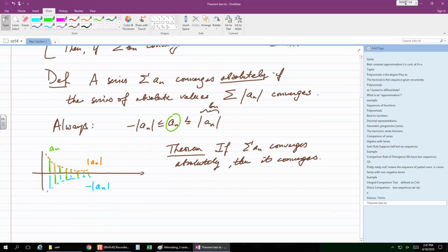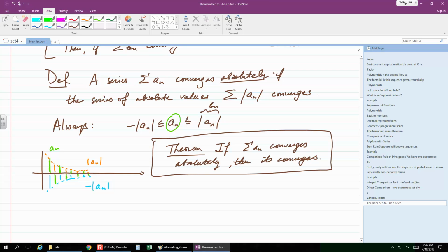So based on this theorem, for example, that series we started with, let's redo it. The sum of negative 1 to the n over n squared. So a_n is equal to negative 1 to the n over n squared. The absolute value, what happens? Nothing. You just remove the negative sign, so you have 1 over n squared.